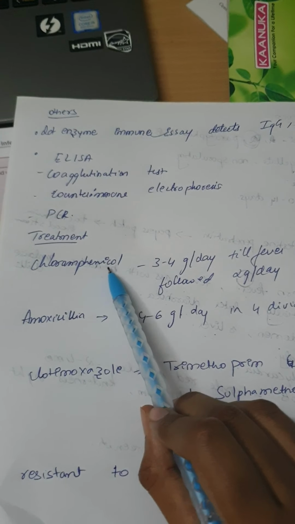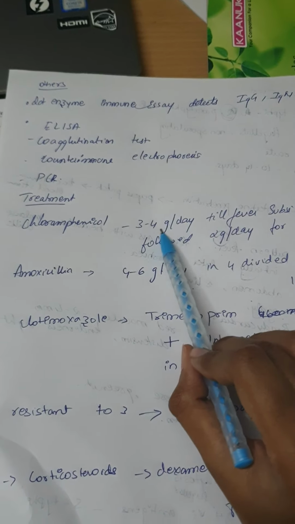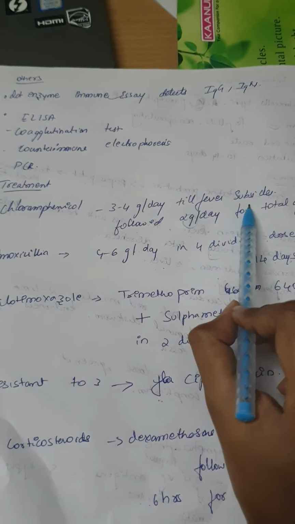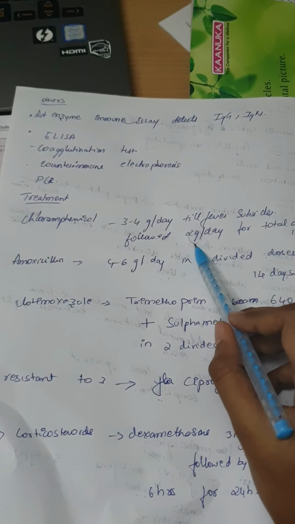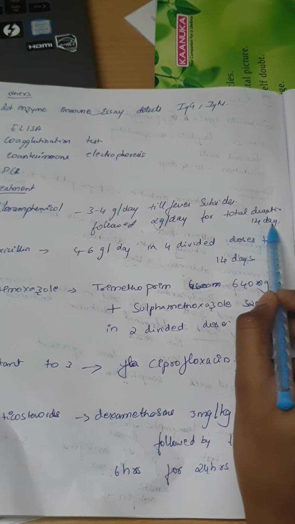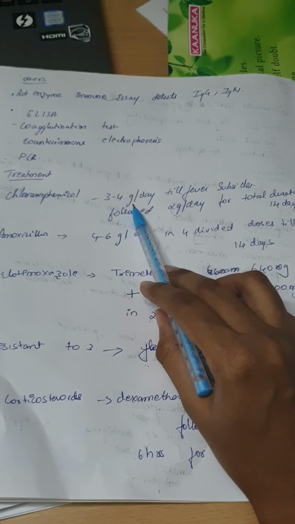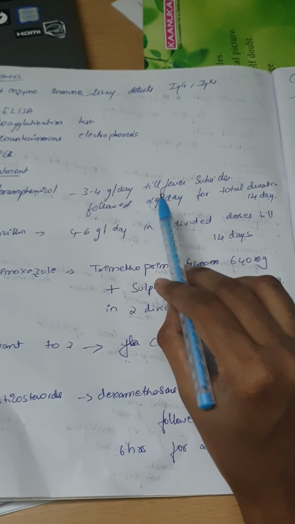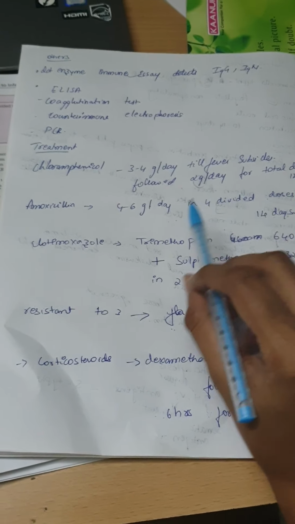Treatment. Initially you can give chloramphenicol, 3 to 4 grams per day till the fever subsides. Once the fever has subsided, you give 2 grams per day for a total duration of 14 days, right?